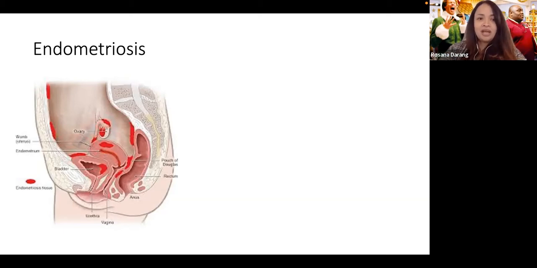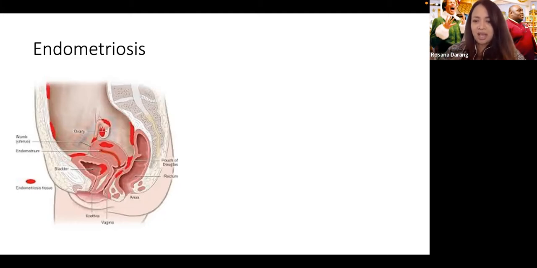Okay. So imagine having endometrial tissue elsewhere, aside from the endometrium: on the fallopian tube, on the ovary, on the peritoneal cavity, in the cul-de-sac over here called the Douglas pouch, in the urinary bladder. So that means every month, this tissue elsewhere, outside of the uterus, is also getting stimulated, also being affected by your hormones.